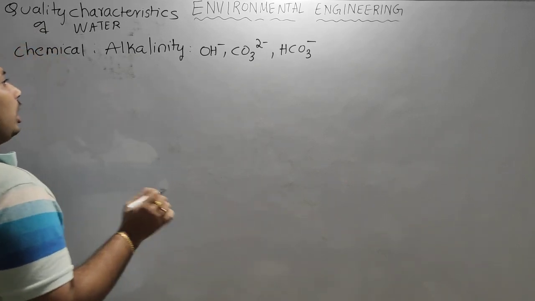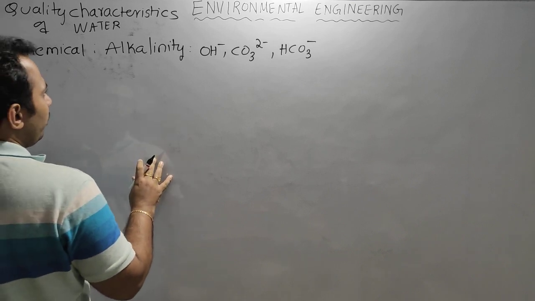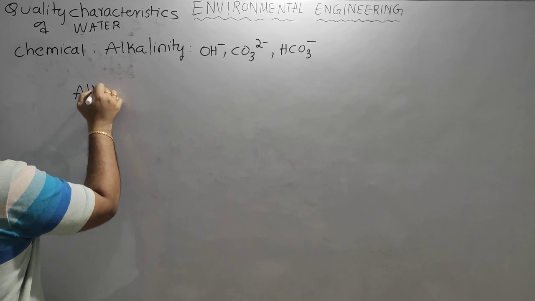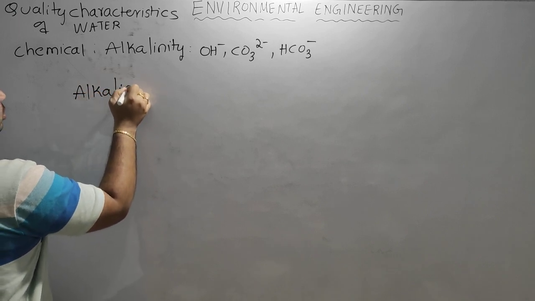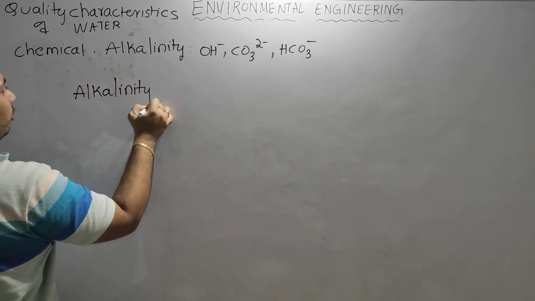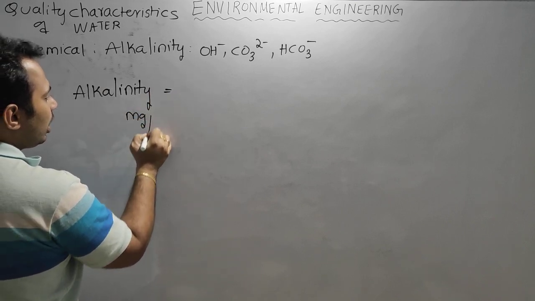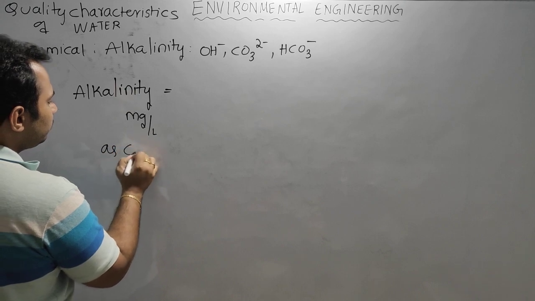If you want to find alkalinity, it is defined as alkalinity in mg per liter as CaCO3.